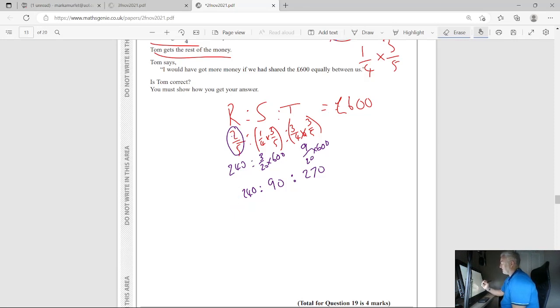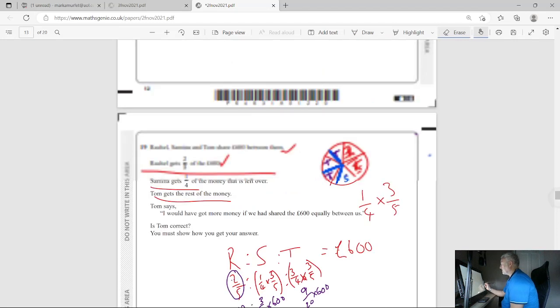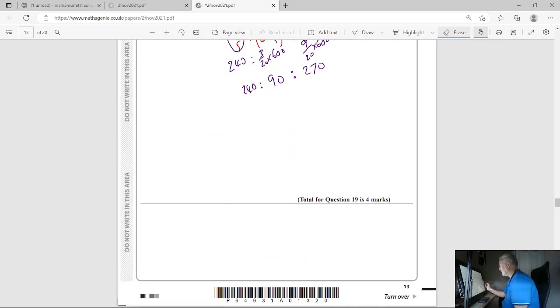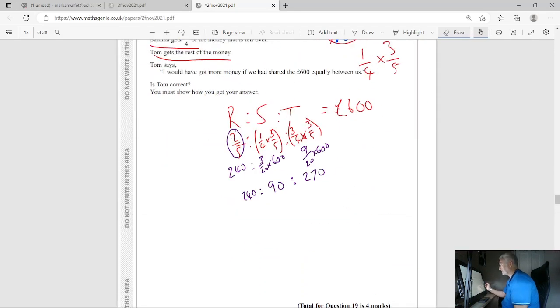So that's my split down of how much they've got using the fractions. Now it didn't tell me that I'm going to multiply fractions together, that's just the way that we've gone with that. If we think about what we've got up here, Tom actually gets more than Rachel. And Samina gets the smallest fraction, the smallest amount.